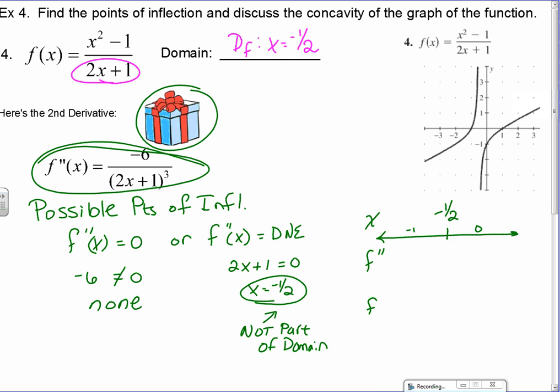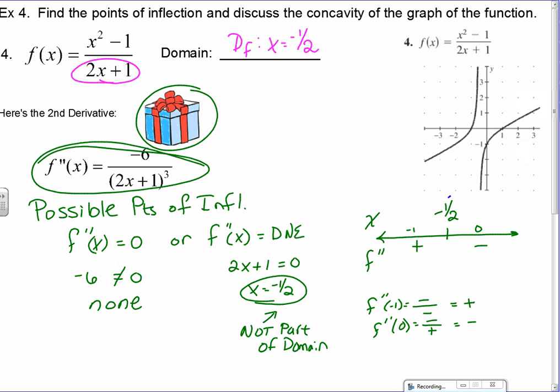So f double prime of -1. Well, the top will be negative, and the bottom, I go negative 1, that'll be negative 2, plus 1 will be negative 1 cubed. That will stay negative, so I get a positive region right here. And then if I do f double prime of 0, a nicer one to calculate, I have negative on top, positive on bottom, negative overall.